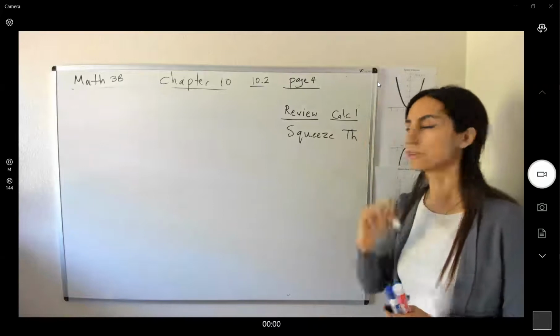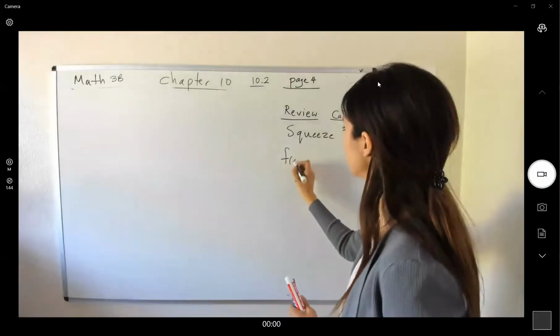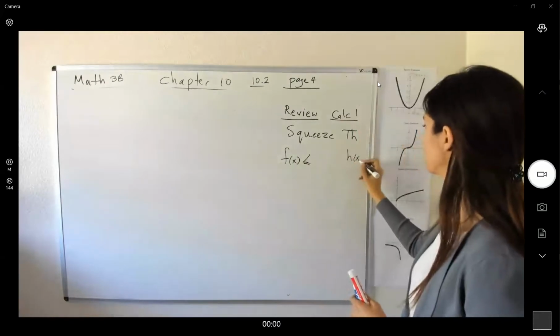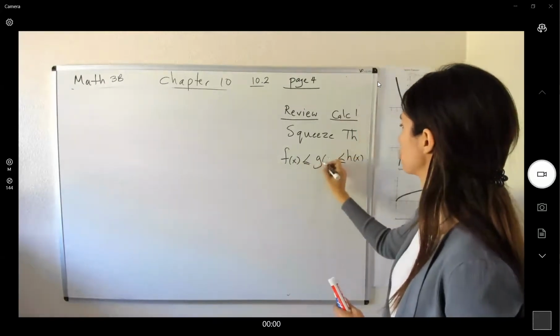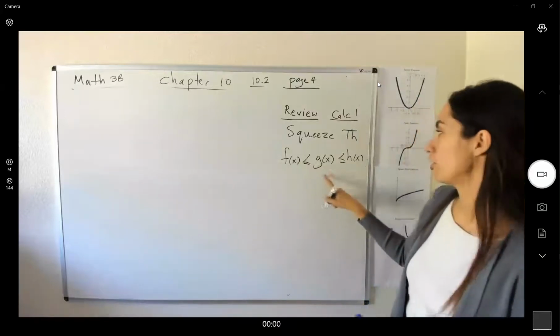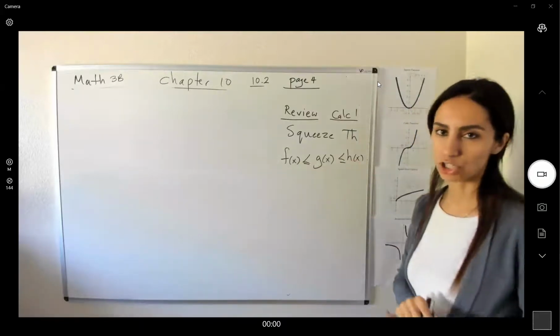If you have three functions, function f, function h, and function g, and function f is less than function g, which is less than function h.